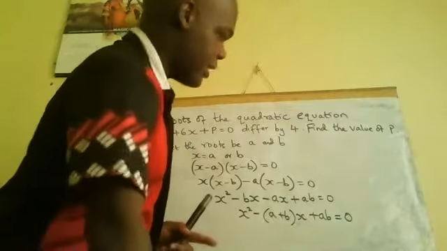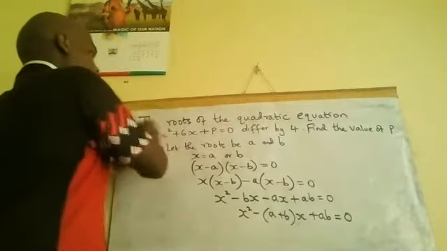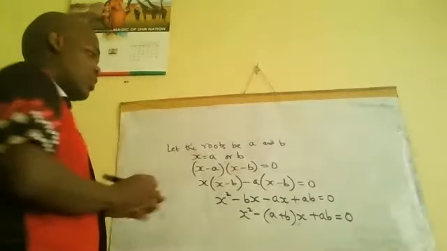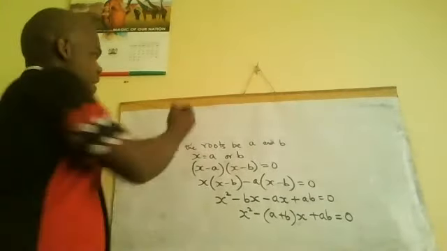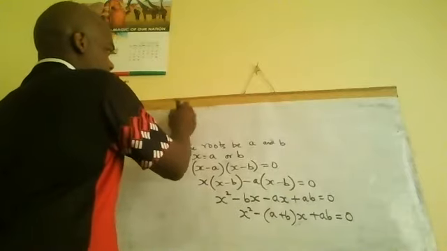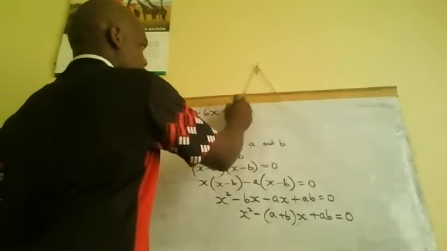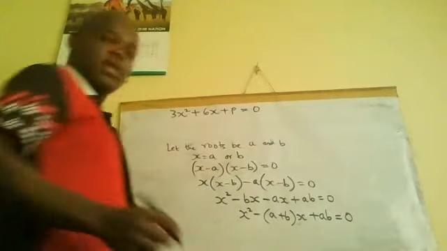Then the next step, which I want to do up there, remember we have 3x squared plus 6x plus p is equals to 0.